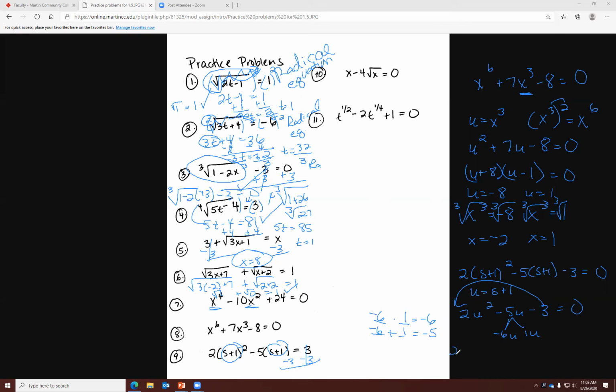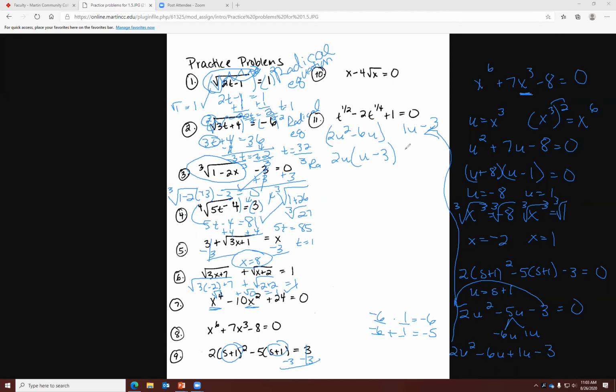And then you can group or use the reverse box, whatever you guys were taught. I'm going to go up here. I'm running out of room. And I'm going to group 2u squared minus 6u. Group those. And then your 1u minus 3. What do these have in common? A 2u. I bring out a u minus 3.